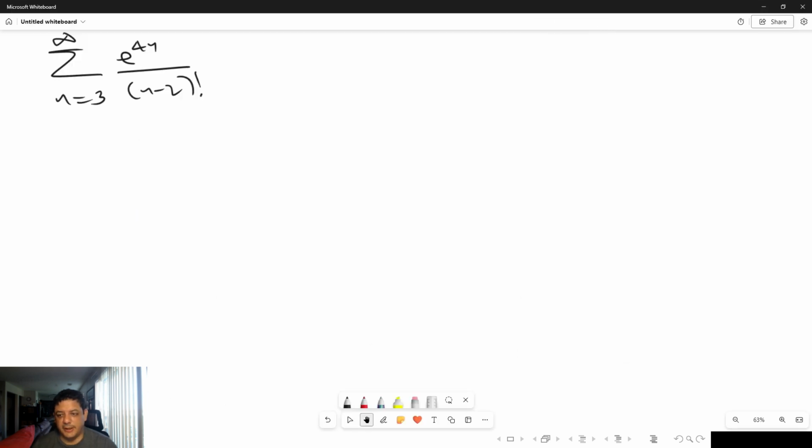Okay, in this case, my initial gut feeling tells me, hey, this factorial is growing faster than this, so this is going to 0, so maybe that's okay.